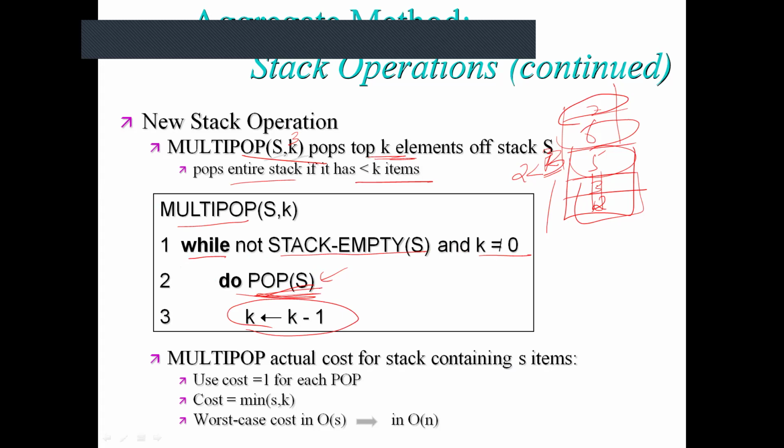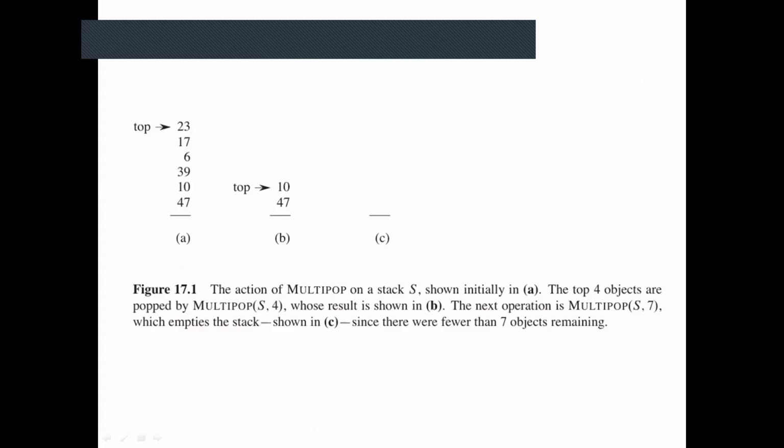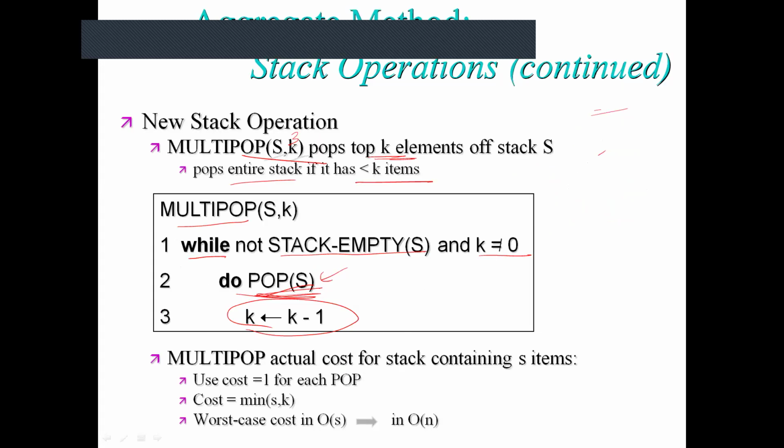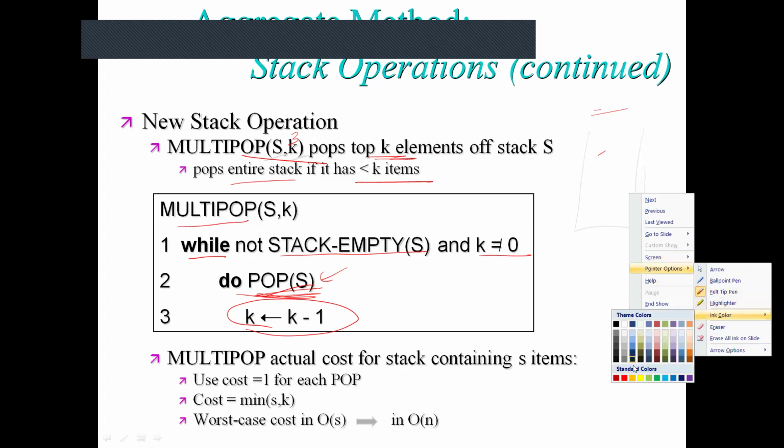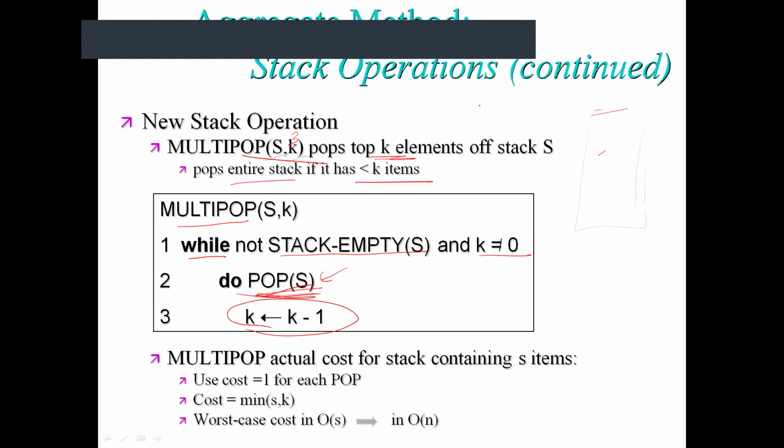So if you had a set of elements like this, and the k value, suppose it is equal to 3, and I have 4 elements in the stack, and I'm asking you to delete 3 elements.